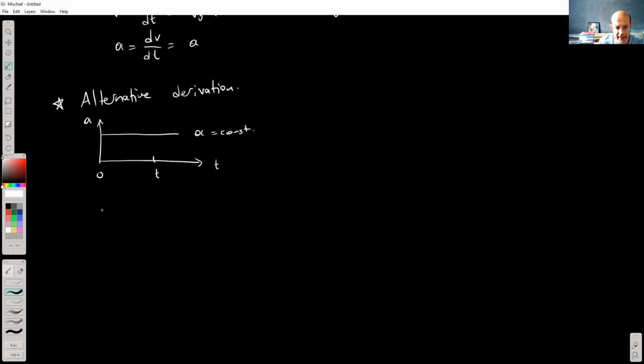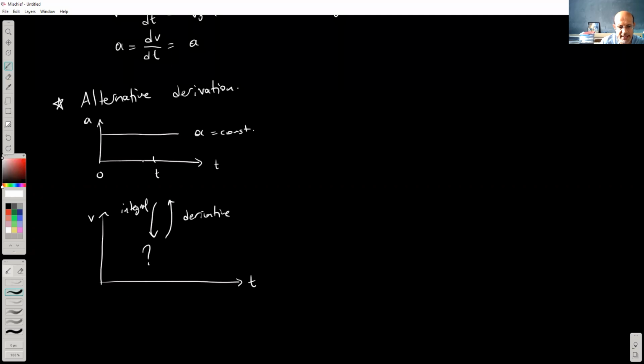So I know that in the velocity versus time graph, this is the derivative of the velocity versus time graph. And the integral is going to give me the velocity, right? Integral. Let me write it down like that, okay? So as a result, that's basically what I should do.